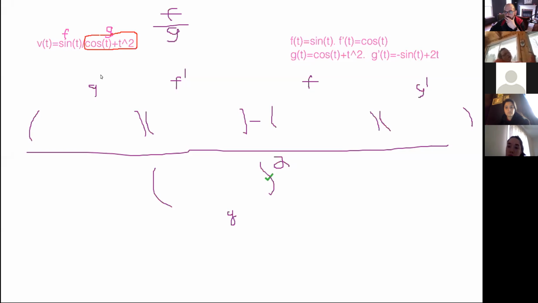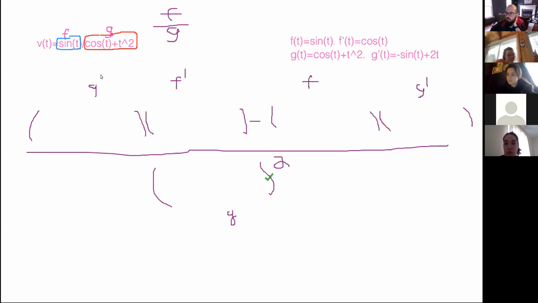So, is the derivative of sine of t negative cosine t? I think that's just cosine. Just cosine. Yep. Okay. But when you do the cosine derivative, you'll get negative sine. Okay.